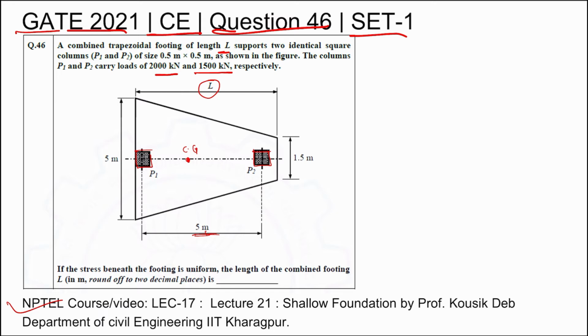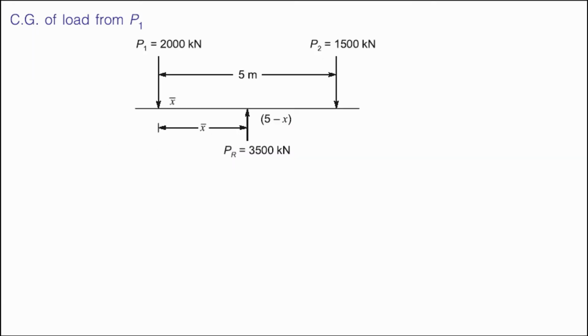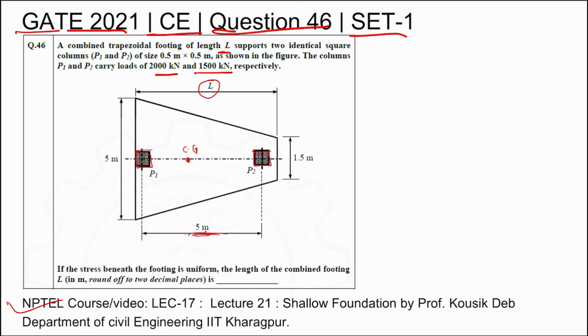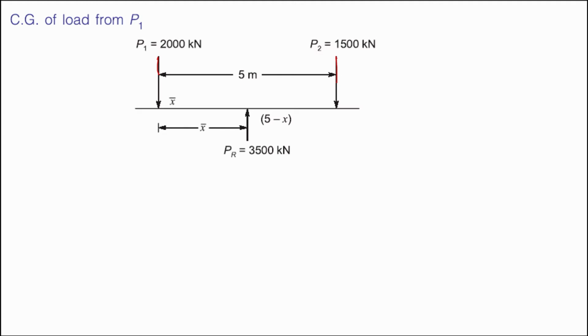So let's proceed. First calculate the CG of these two loads. This is load P1, this is load P2. The distance between them is 5 meter, clearly given in the diagram. Let's suppose this is the x distance from P1 where the CG of these two loads lies, that is the reaction.